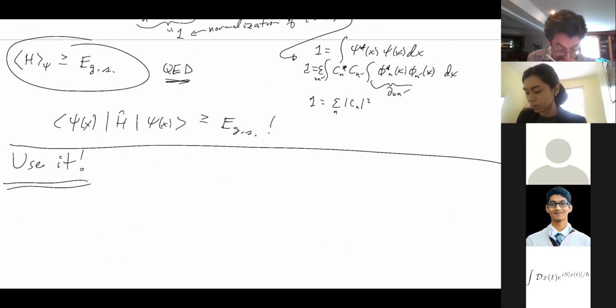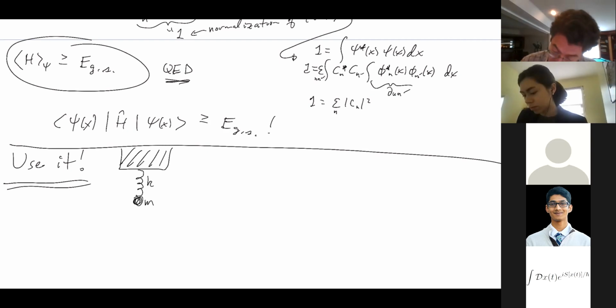We're going to ask ourselves a question. Suppose somebody says, hey, guess what? I figured out how to make a really tiny simple harmonic oscillator. I've got a mass, I've got a spring K, and it's really teeny tiny, so tiny that quantum mechanical effects become important.